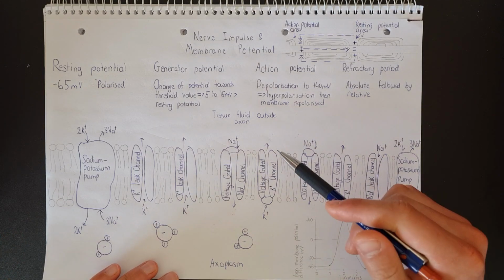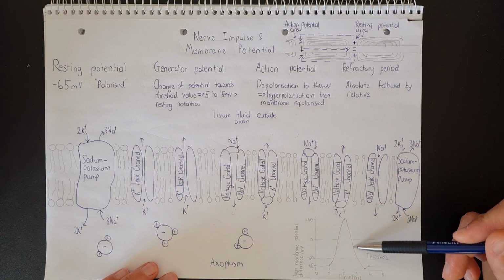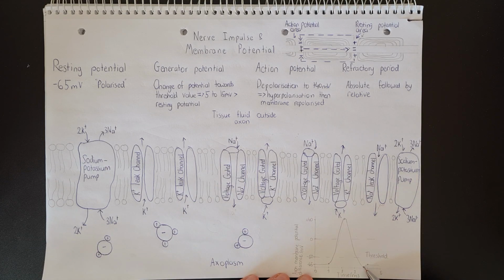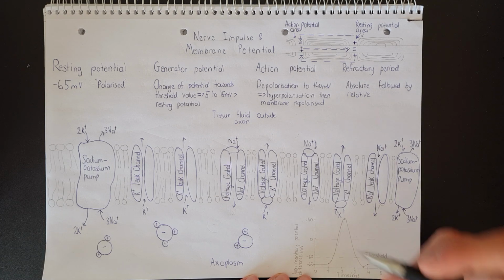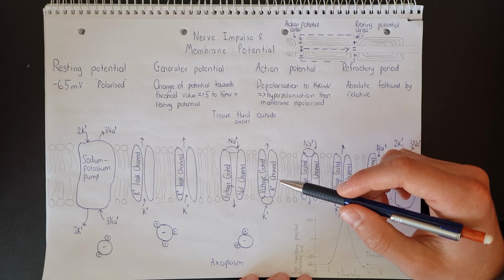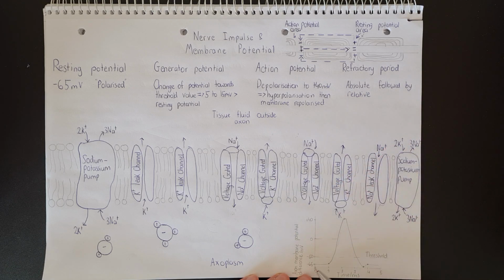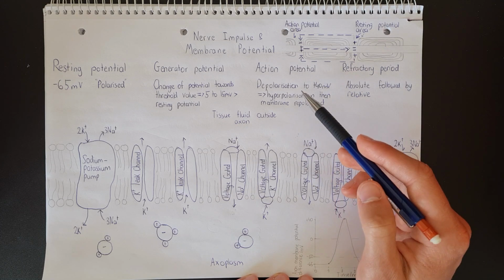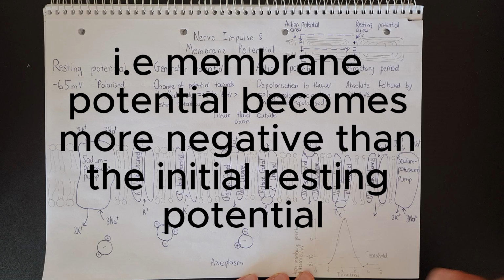It's losing positivity, and we can see that as it goes down. Now, we can see that there is this overshoot. This is called hyperpolarization because the voltage-gated potassium ion channels don't close exactly at the point of the initial membrane potential difference at negative 65 millivolts. They only close a little bit later, and that is why we have this overshoot, which is referred to as hyperpolarization.